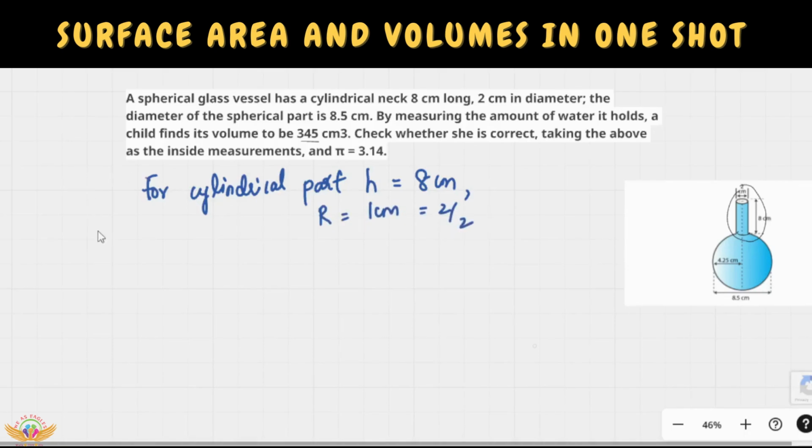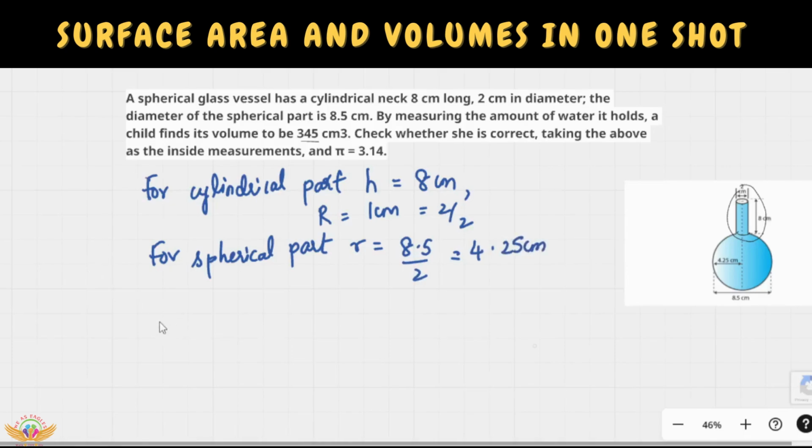Done. And for the spherical part, r is equals to 8.5 divided by 2, that is equals to 4.25 centimeter.